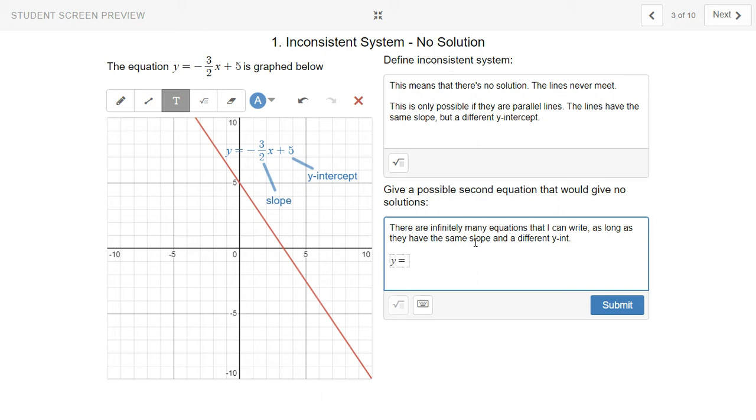So I could say y is equal to negative 3 over 2x plus 6. It has the same slope, but a different y-intercept.